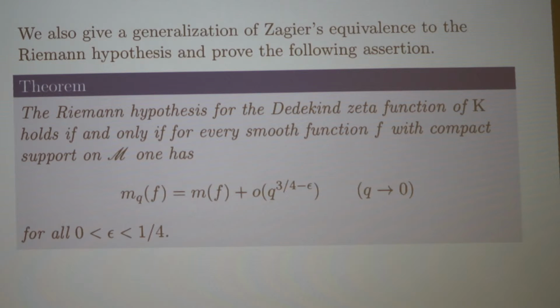The Riemann hypothesis for the Dedekind zeta function of K holds if and only if for every smooth function f with compact support on M, one has the following relation, which tells that the rate of approach of MQ to M can be improved to have a certain speed if and only if the Riemann hypothesis for the Dedekind zeta function of the field is true.